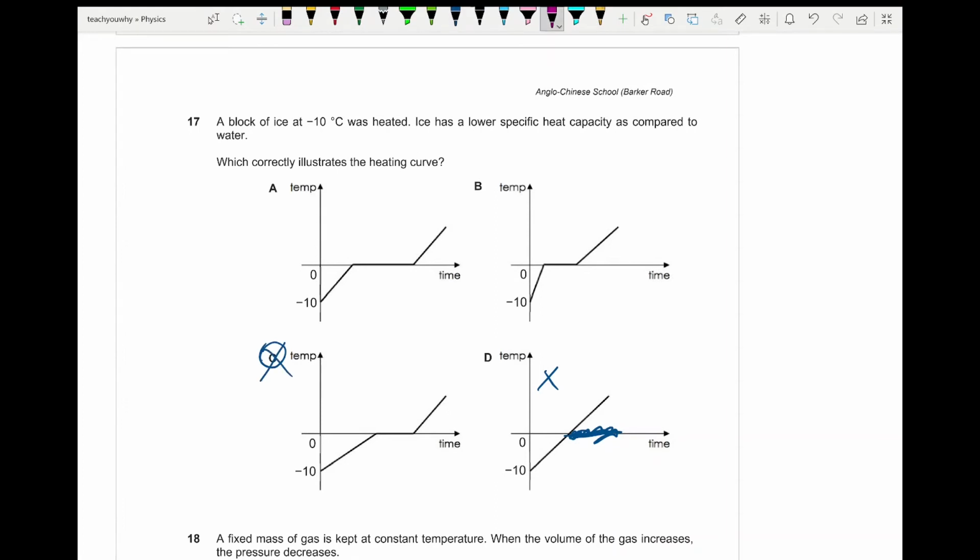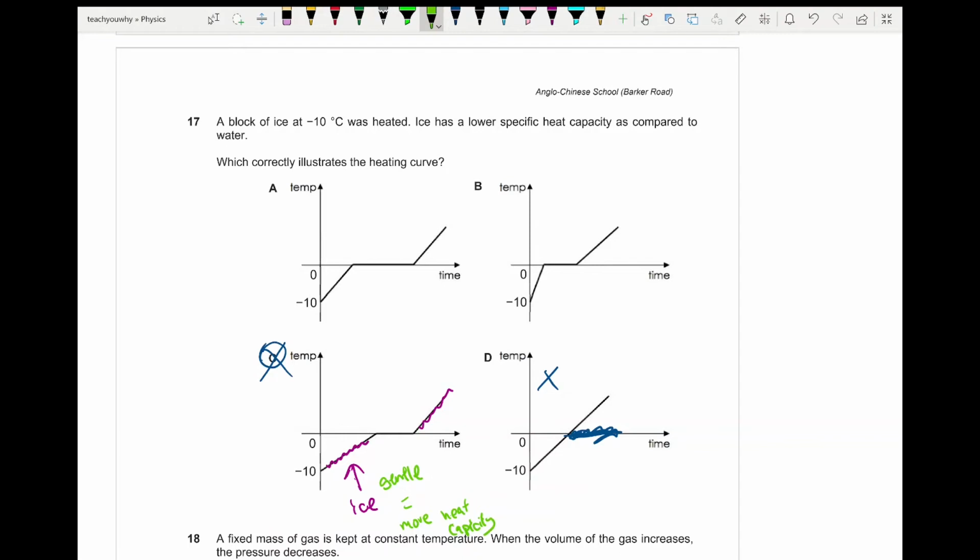Why? Because of the gradient. The gradient of this graph, this is your ice. This is gentle. So the gradient is gentle. Gentle means more heat capacity. How come more heat capacity?